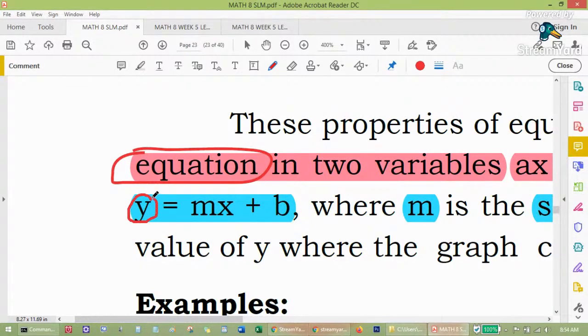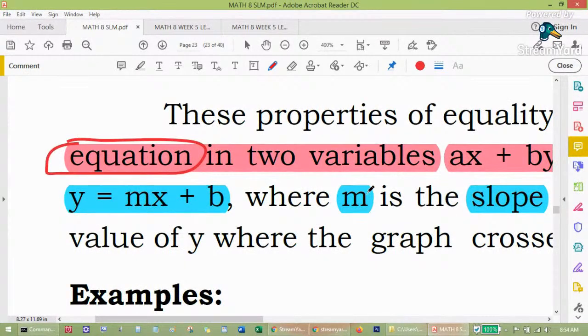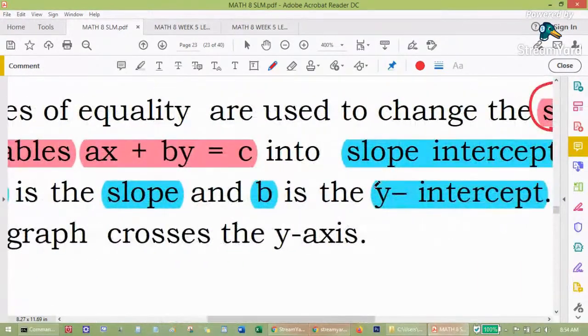Dito yung y, dito yung x. Ang m is the slope. Okay, the symbol of slope is m. Okay, and b is the y-intercept.